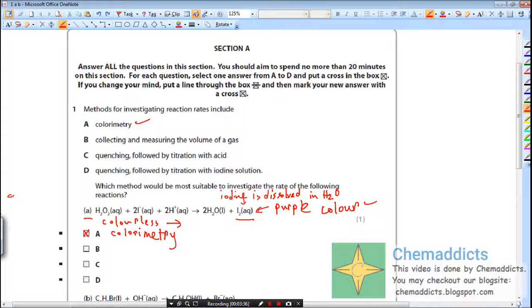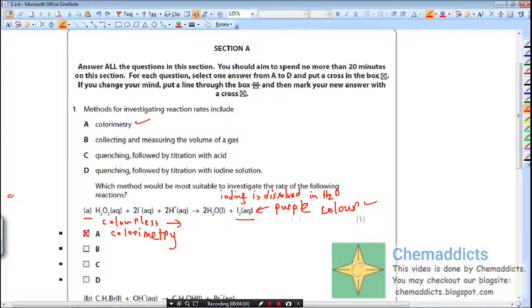I hope that you have understood why A should be the answer for this particular reaction. Now let us analyze why the other methods are not applicable. Since no gas is involved here, collecting and measuring the volume of gas in this reaction is worthless.